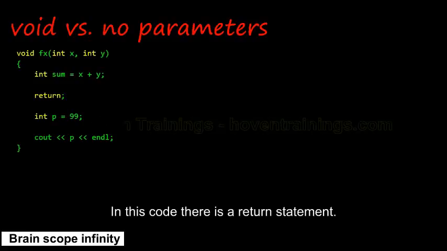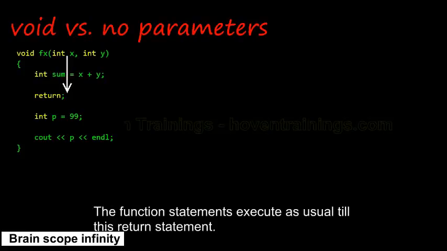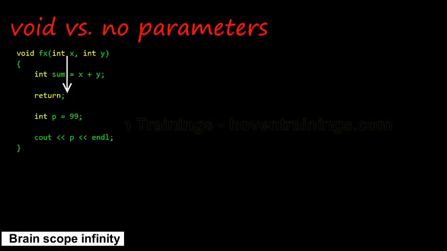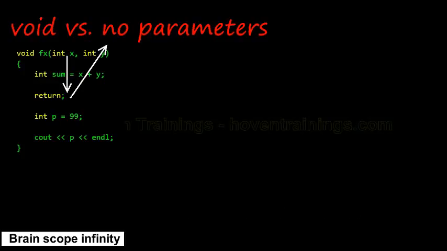In this code there is a return statement. Let's see what happens here. The function statements execute as usual till this return statement. But as soon as this return statement is met, the execution halts.